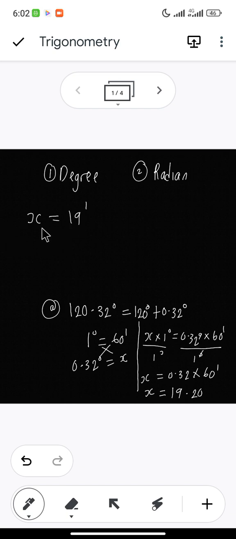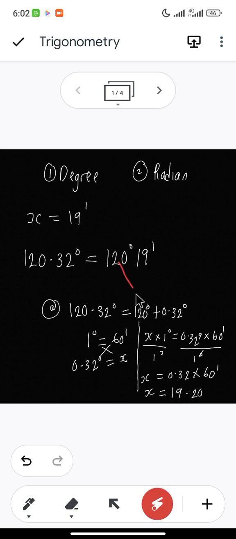So your final answer is going to be written this way: 120.32 degrees gives you 120 degrees 19 minutes. 120 degrees is coming from this point here, then 19 minutes. This is exactly how you denote your answer.